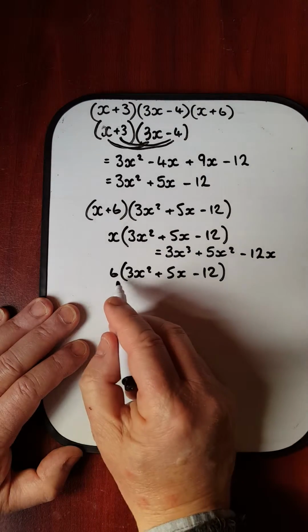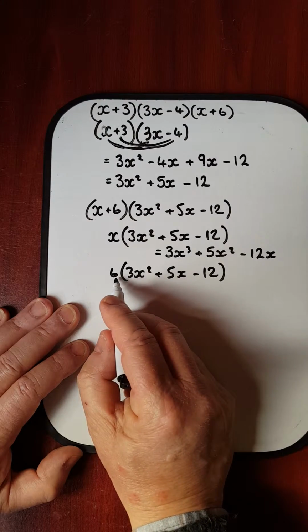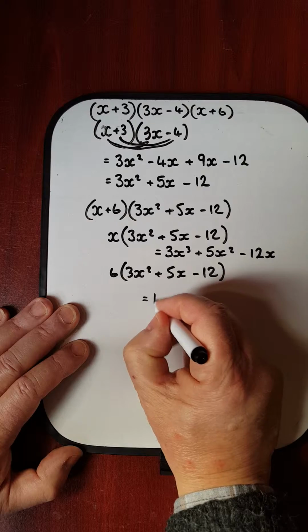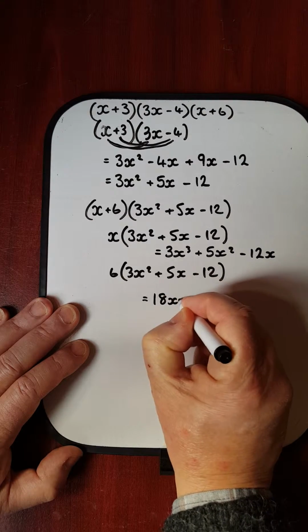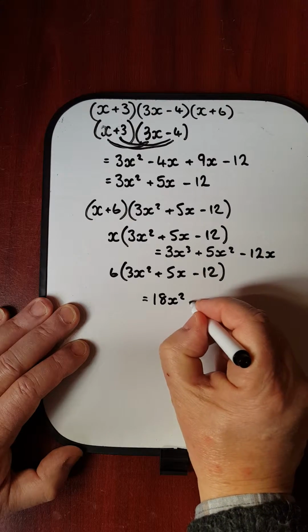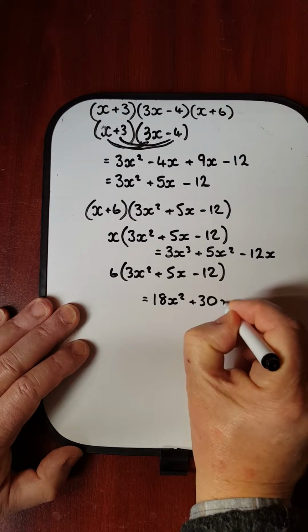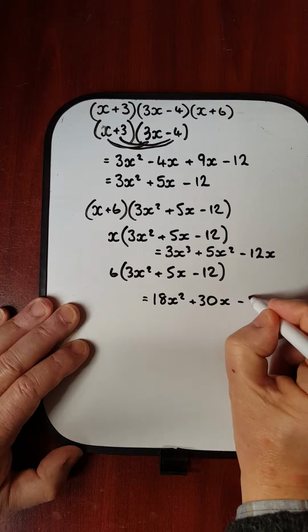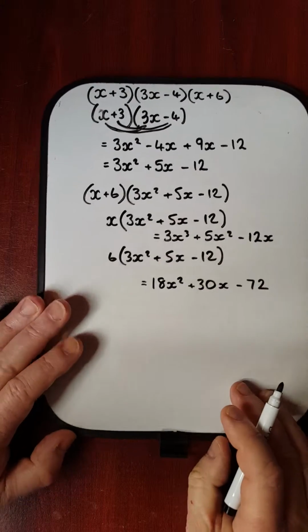Leave that alone for a moment and multiply everything by 6 now. 6 times 3x squared is going to be 18x squared. 6 times 5x is going to be 30x. 6 times minus 12 is going to be minus 72.